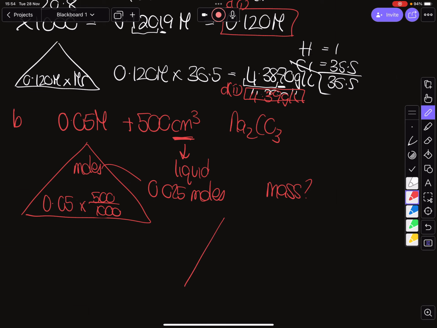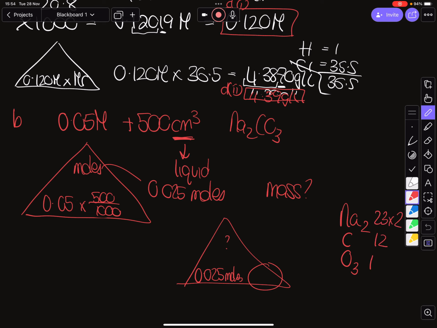So we are filling in what we know, 0.025 moles. This is my question mark, which means I need to calculate my side bit here. So I have Na2CO3, which will become 23 by 2, which becomes 12, which becomes 16 by 3. I add this all up, I get 106.